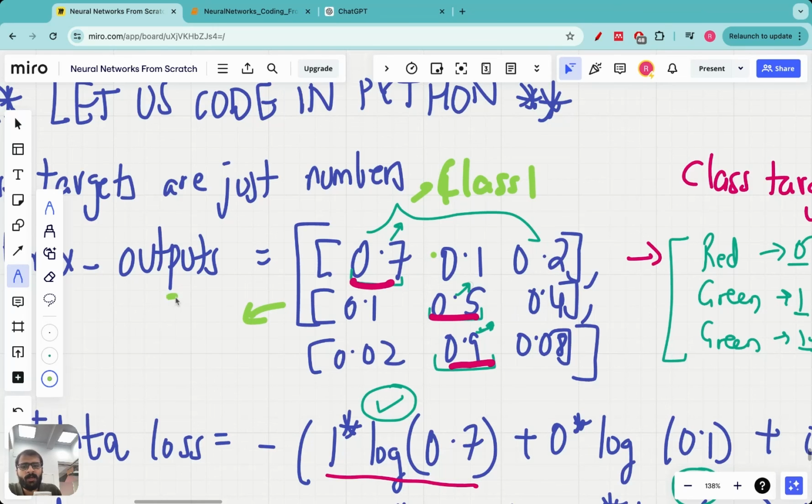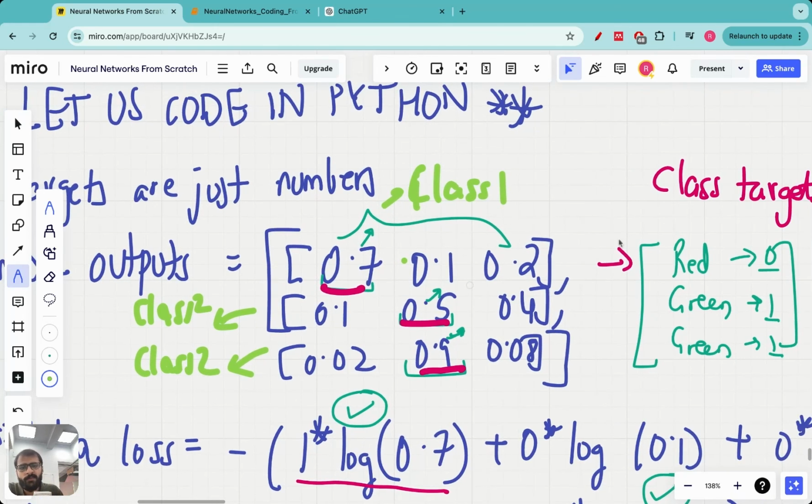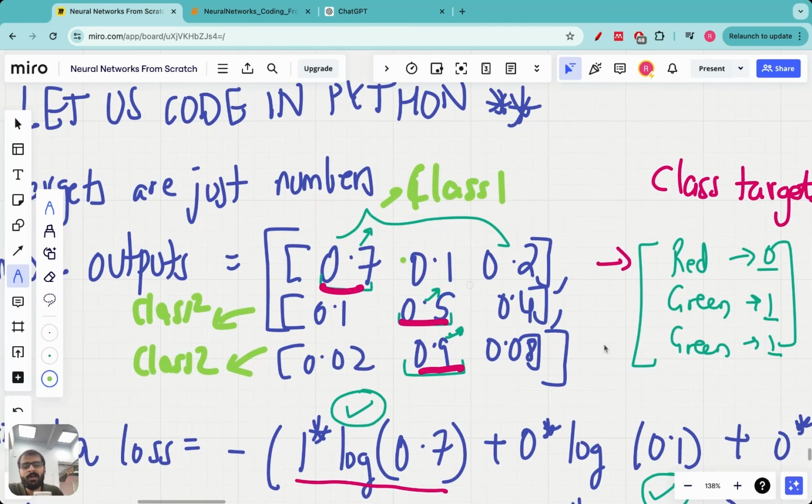If you look at the second row, it is trying to predict class 2. And if you look at the third row, it is also trying to predict class 2. So the first row is trying to predict red, the second row is trying to predict green, and the third row is trying to predict green. So then the accuracy is 100% here. In accuracy, it does not matter whether it is 70%, 90% or 95%.